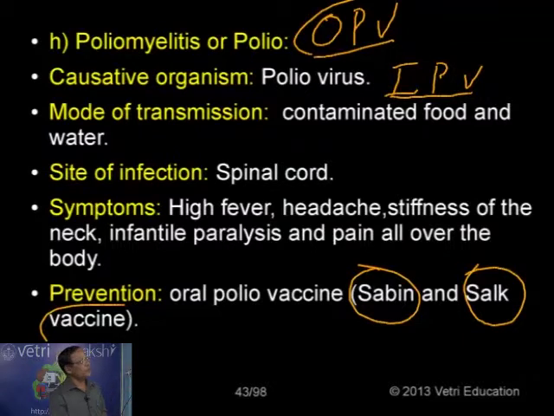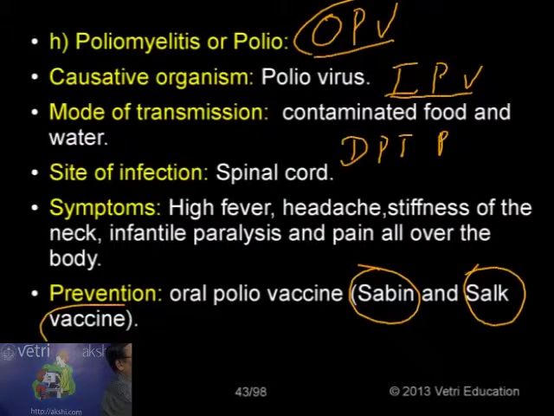The immunization program started by the World Health Organization is to fight against six diseases, and polio is one of them. We have DPT: diphtheria, pertussis or whooping cough, and tetanus. Then polio, then measles and tuberculosis.